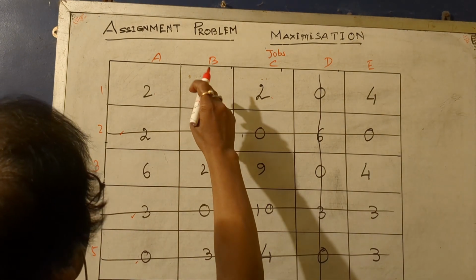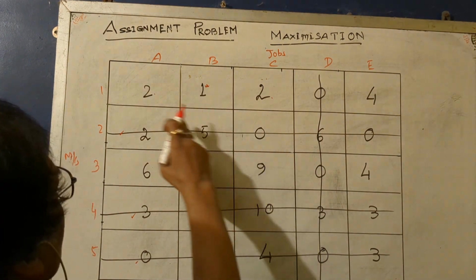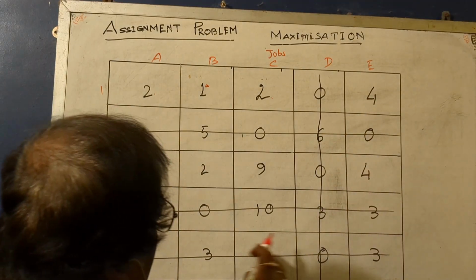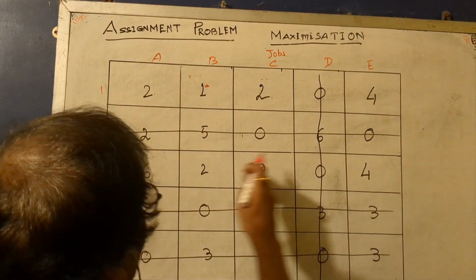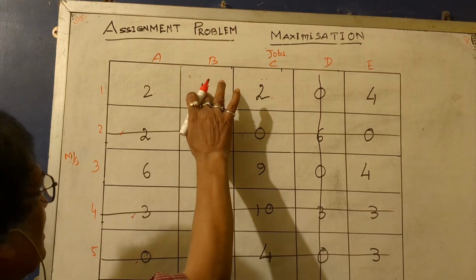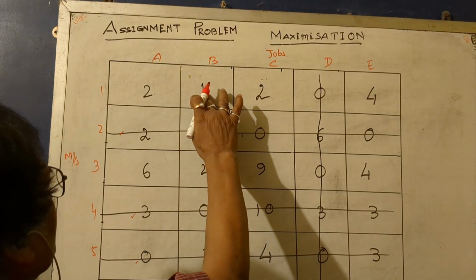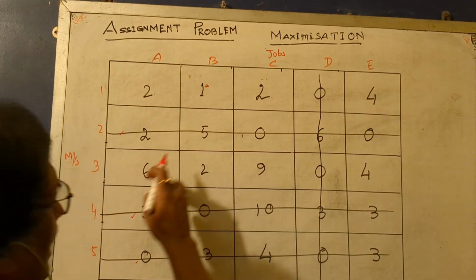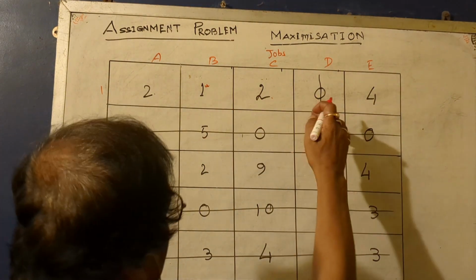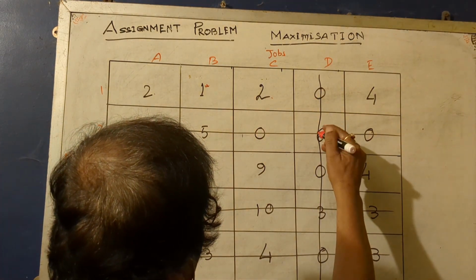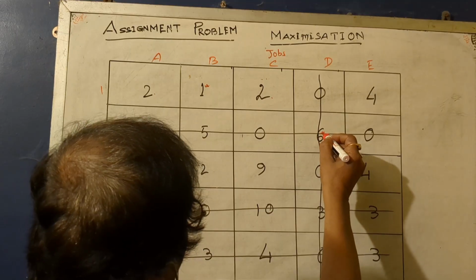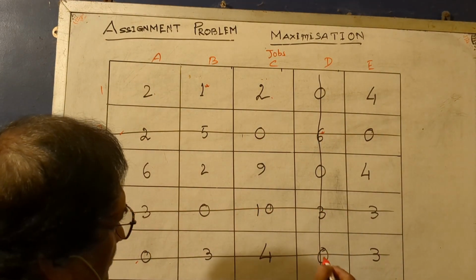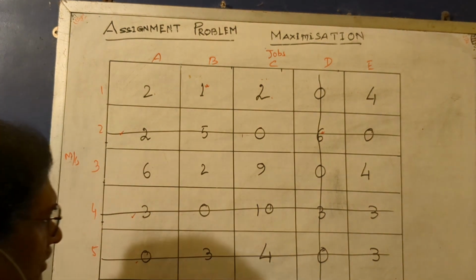And what you have to do, subtract this minimum number from all the remaining elements, and add that lowest element to the junction point. This is the junction point where the horizontal and vertical lines touch, cross.